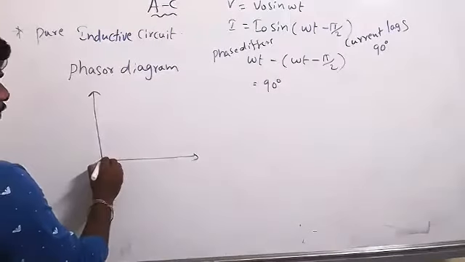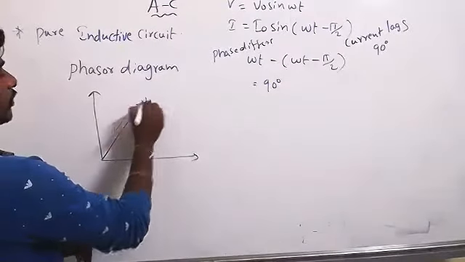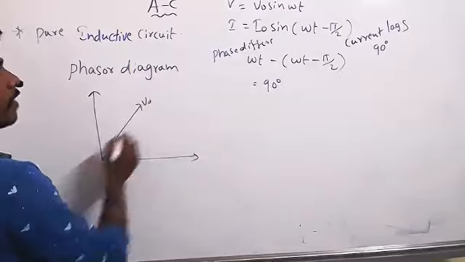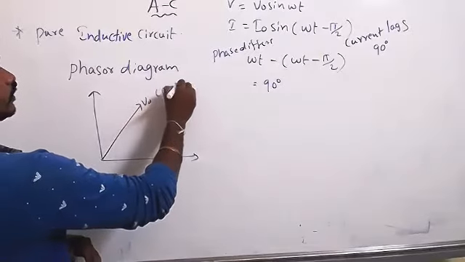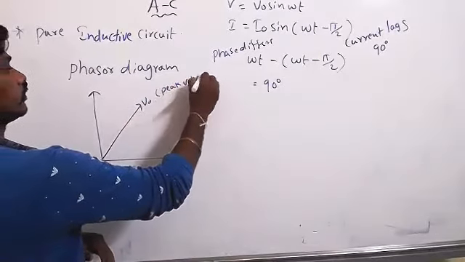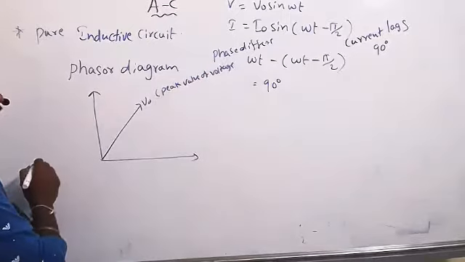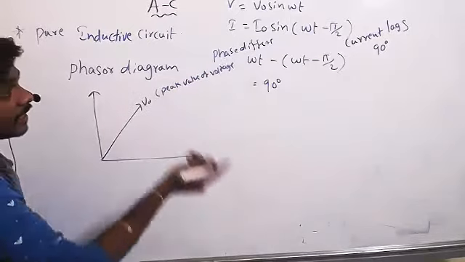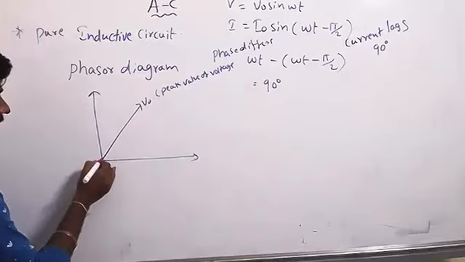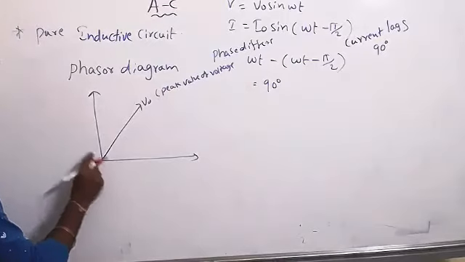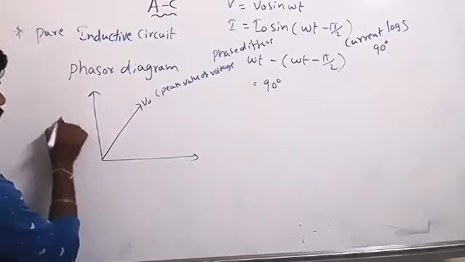Let's see. V naught here is the peak value of voltage. So current is lagging, how much? 90. So where do we have to draw, here or here? 1 or 2?